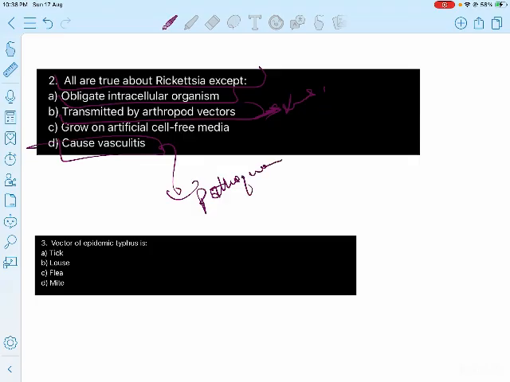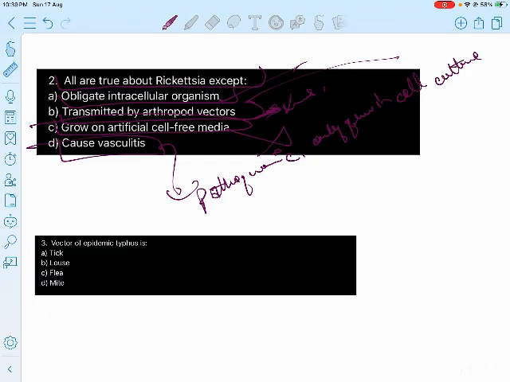So now we are left with option C: grow on artificial culture media? No, they are obligate intracellular organisms, so they can only grow in cell culture or yolk sac. So here C would be your answer.